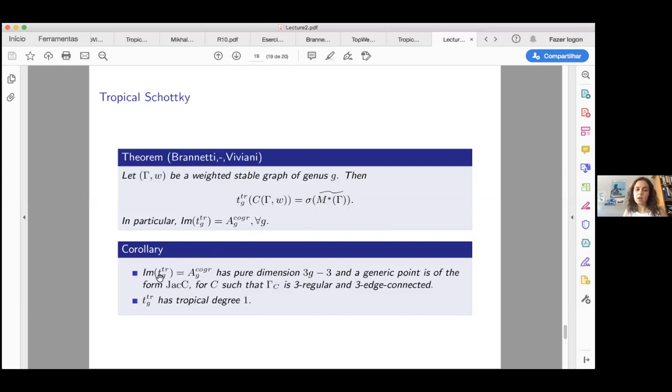The image has pure dimension 3g-3, and the generic point is of the form Jacobian of C, such that the graph is associated to a 3-regular and 3-edge-connected graph. And we could show also, using these combinatorics, that the tropical Torelli morphism has tropical degree 1, which was something that Mikhalkin and Zharkov conjectured to be true in their original work.